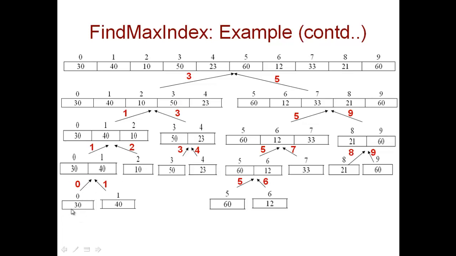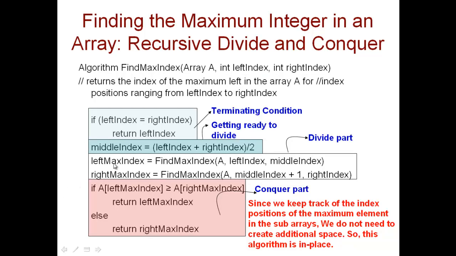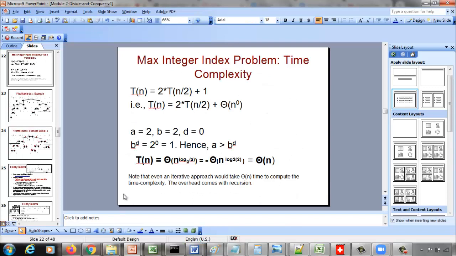So you got the left max index, which is 0. Now you need to find the right max index to actually combine the solutions of the two subproblems. We got a solution only for the left subproblem. We need to now find a solution for the right subproblem, which is the index of the maximum element within this subproblem, which is going to be 1 itself.